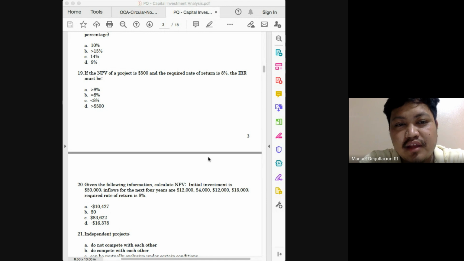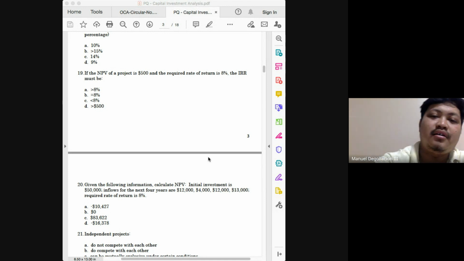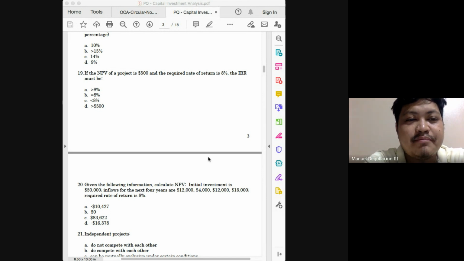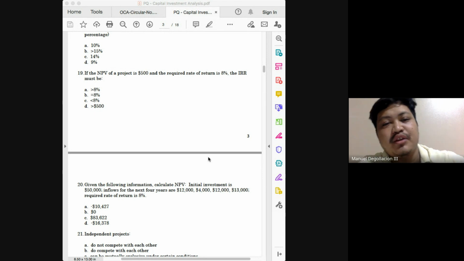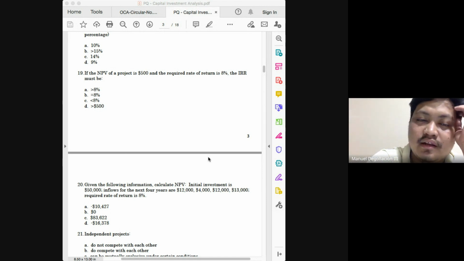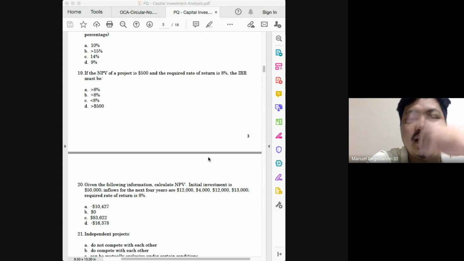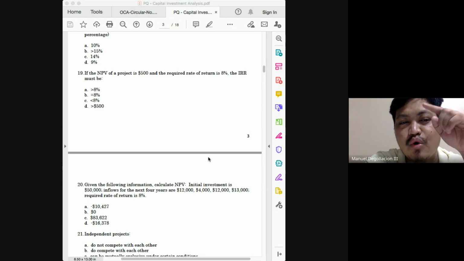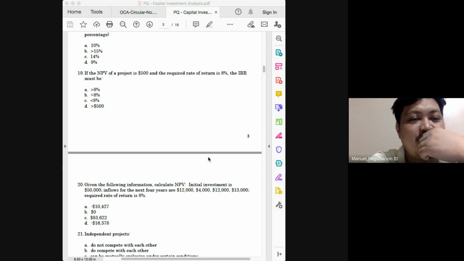So basically, the net present value is 500, and we want it to go down to zero. In that case, based on how present values behave, what do we expect to be the IRR? Do we expect it to be greater than 8%, or lesser than 8%? What then is the effect of your discount rate to the present value? The higher the discount rate, the lower the present value. And that's exactly what we want to do. We want to bring down the present value of 500 to zero.